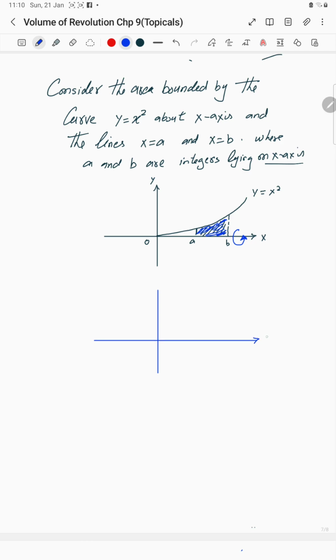Guys, it's very important to first understand the concept of rotation, and then you can apply the simple rule or formula to finalize your answer. Suppose it's 0 and y equal to x square, and this was a and b.